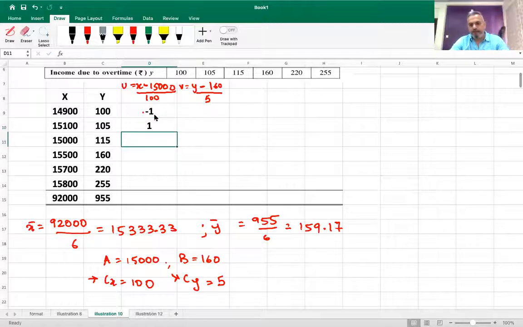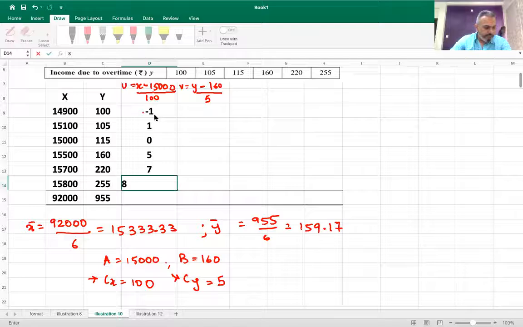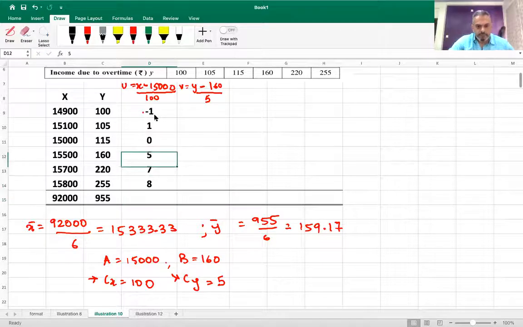Then 15,000 minus 15,000, that is 0. 15,500, so 5. Then 700, so 7. Then 15,800, so 8.